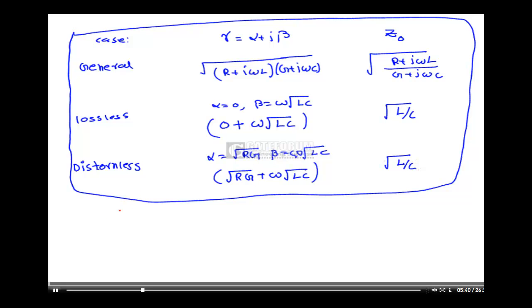One more important point we have to discuss is the lossless line. What is the condition? A lossless line means R is equal to G is equal to 0. Then we can say that a lossless line is also a distortionless line.